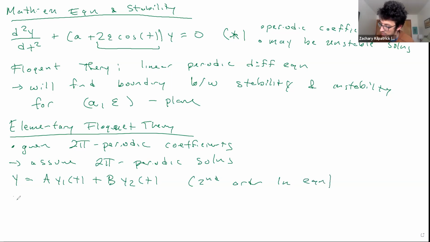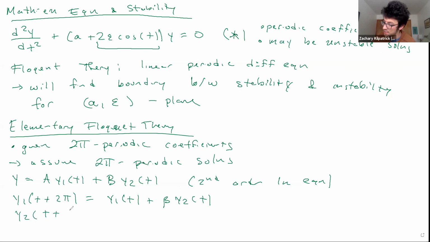And y1 of t plus 2 pi is then going to be equal to alpha y1 of t plus some scaling beta of y2 of t, and y2 of t plus 2 pi is going to be equal to gamma y1 of t plus delta y2 of t.